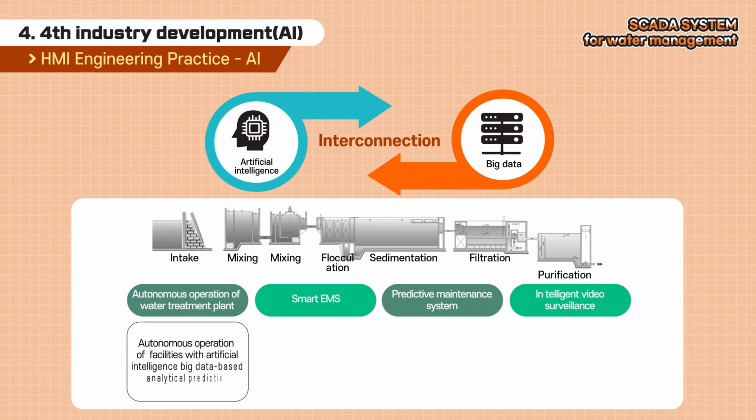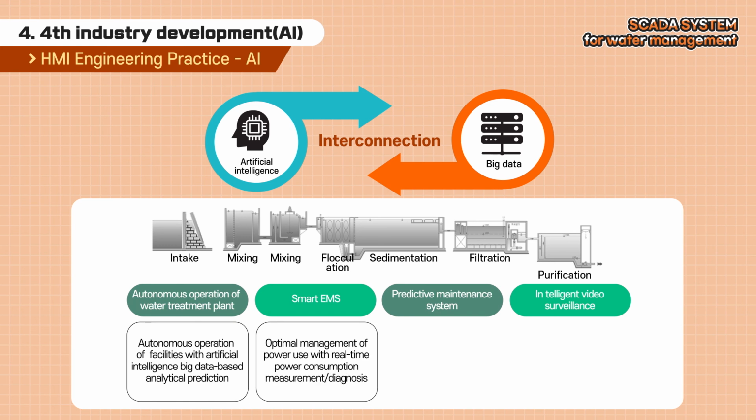Looking at the functions of each system, the autonomous operation of water treatment plants means the operation of autonomous water treatment plants in which artificial intelligence, big data-based analysis prediction is available. And the smart EMS is a system to measure and diagnose real-time power consumption for the optimal management of power use by process.